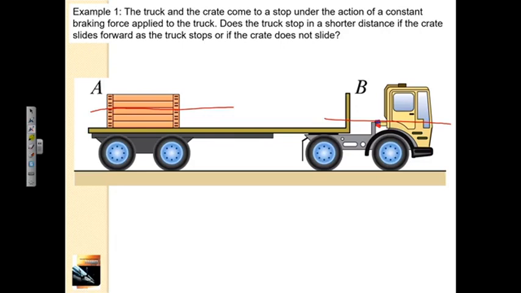So let's go after our external work. Our external work, the integral from state 1 to state 2 of our external forces dotted with their displacements. Well, we're told that it's got a constant braking force. So FB, the only external force acting in this x direction, that one's going to be constant.